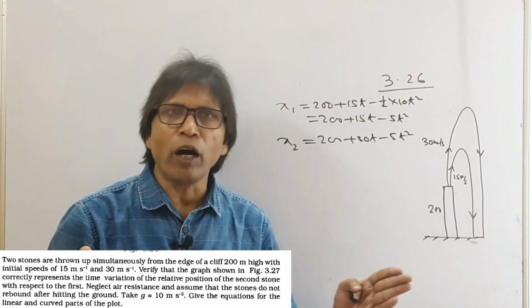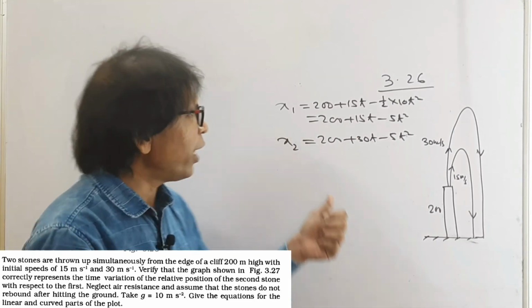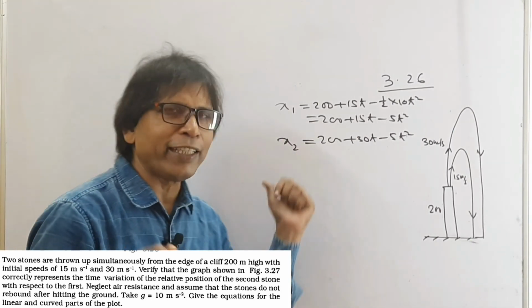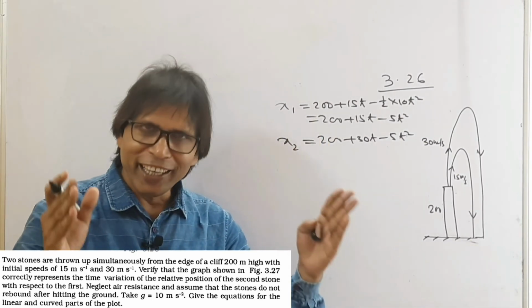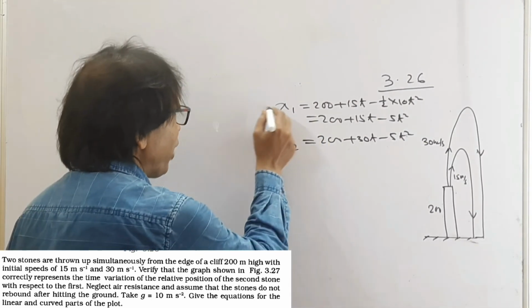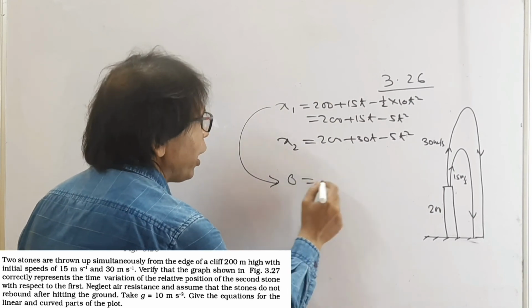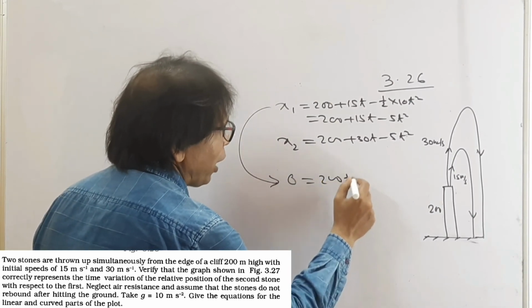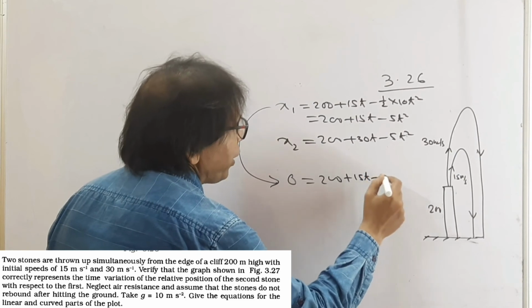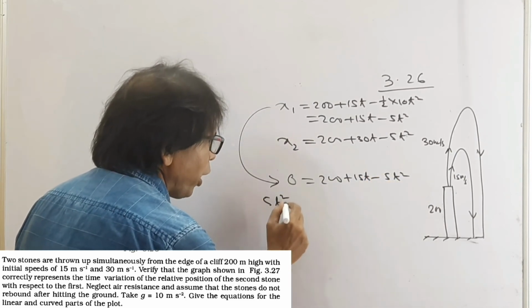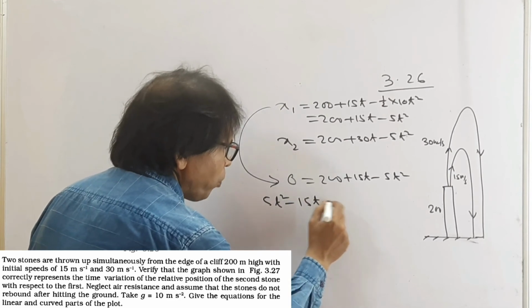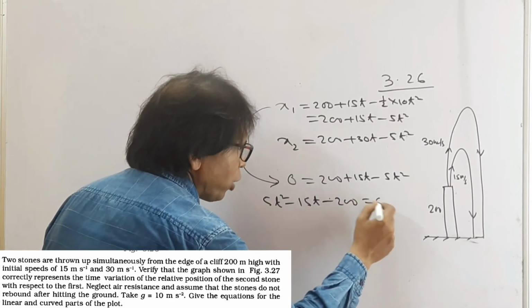Okay. First of all, we have to calculate the time of motion of the first and second particle. When the first particle reaches the ground, x1 equals 0. Now look at this, 0 equals 200 plus 15t minus 5t square. So 5t square minus 15t minus 200 equals 0.